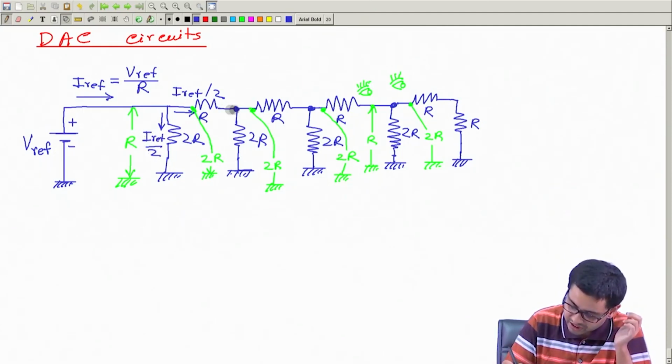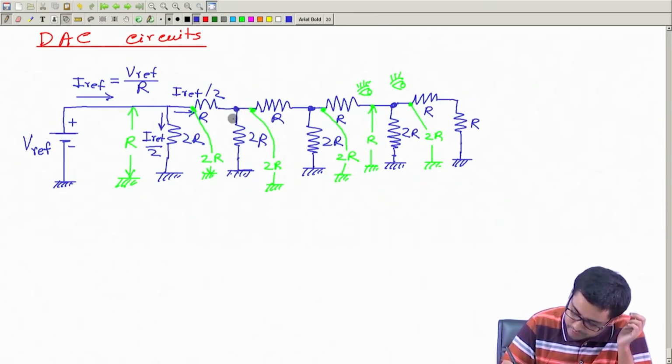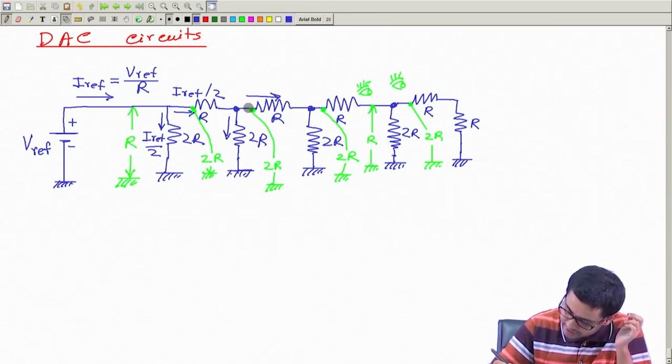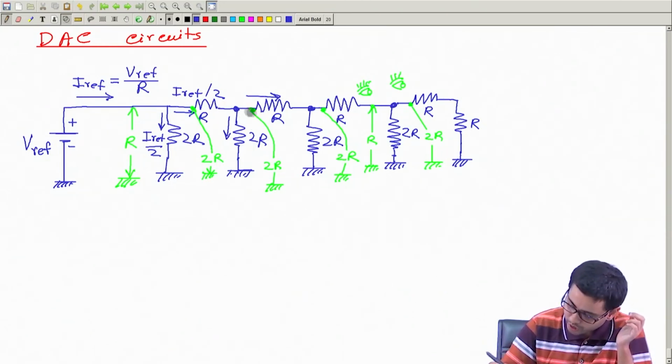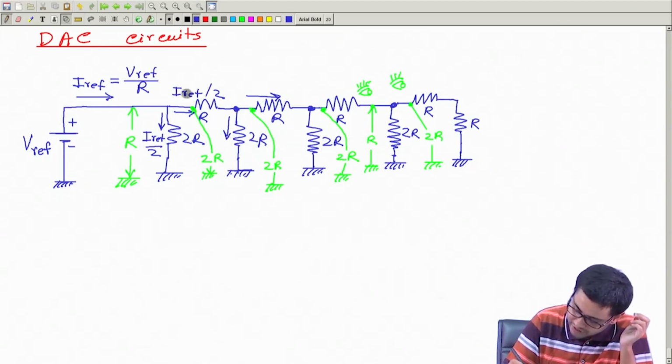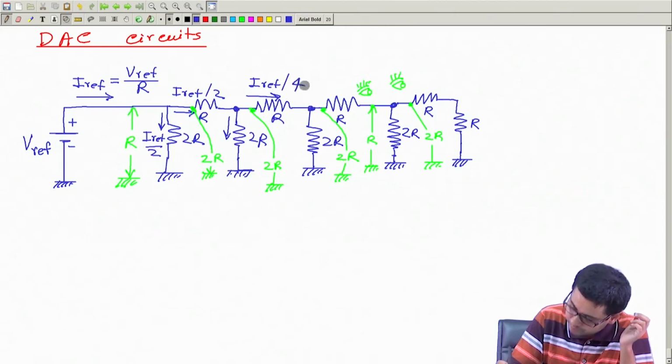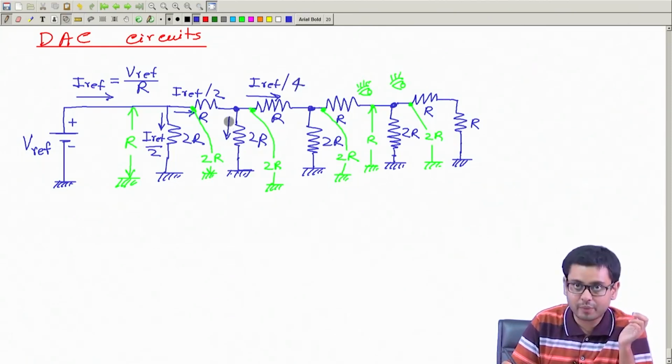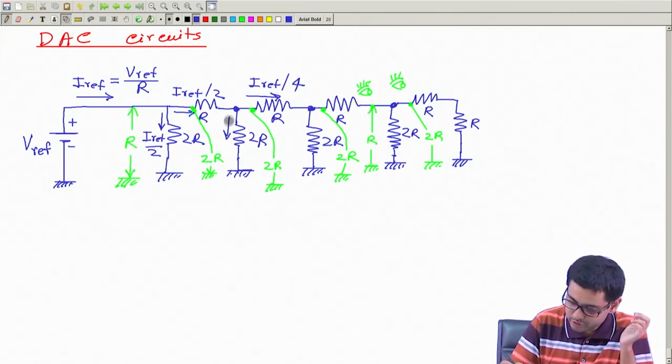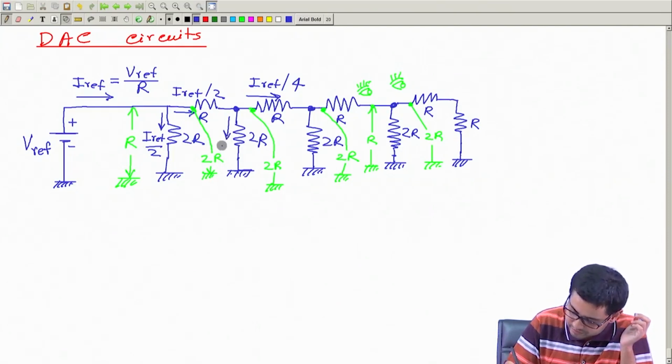Similarly, this current comes here, and at this point it will get divided into 2 halves. You see, this resistance is 2R and the equivalent resistance is again 2R. So half of this current will go towards the right, that is I ref by 4, and half of it will come this way, that will be I ref by 4.